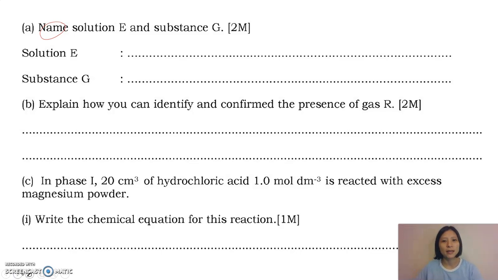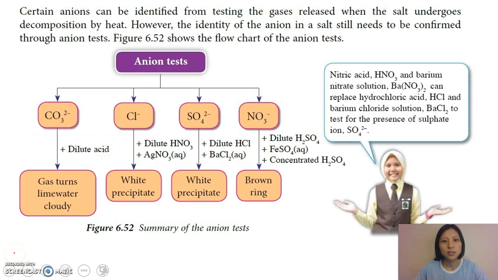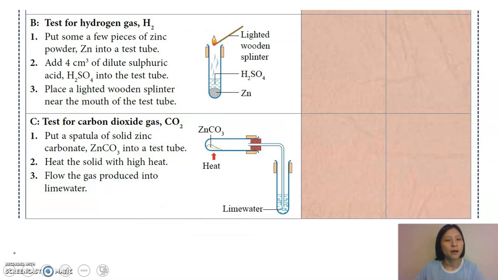Okay, back to questions again. Explain how you can identify and confirm the presence of gas R. Okay, so if you look at your textbook, you will see this page on the experiments to test the gas. So we know that this gas is hydrogen gas.